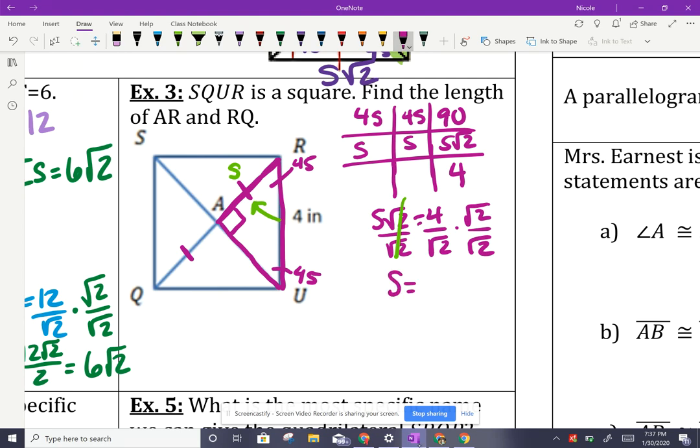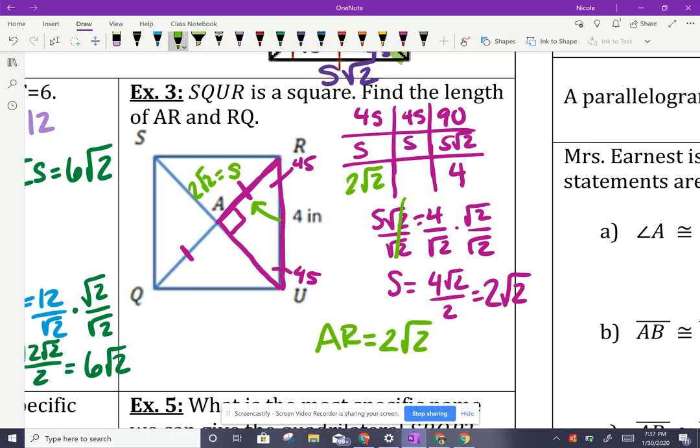You get S equals 4 root 2 over 2, which just simplifies to 2 root 2. So 2 root 2 is our S. So that tells me that AR is 2 root 2. And then if I double that for the length of QR, that gives me 4 root 2.